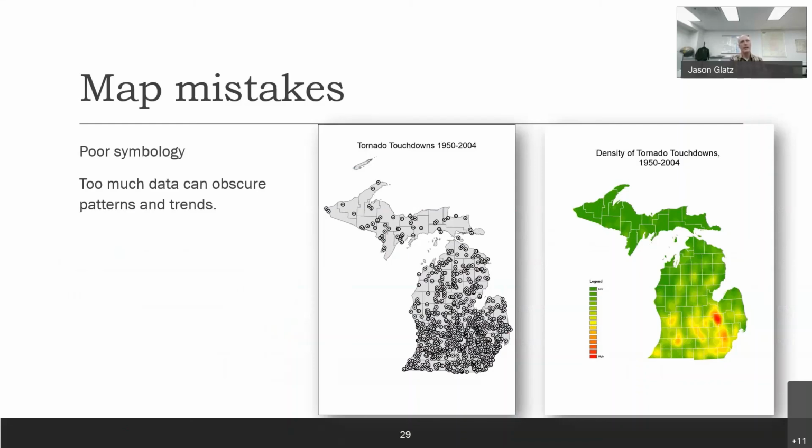If you run a kernel filter over it and derive the density of the tornado touchdowns, you can see that there's some weird thing going on around the Saginaw area where they have a ton of tornadoes for some reason. But yeah, you have to think about how you want to display your data appropriately.